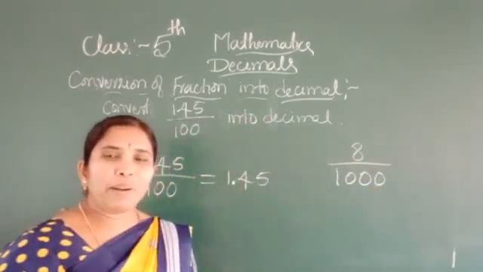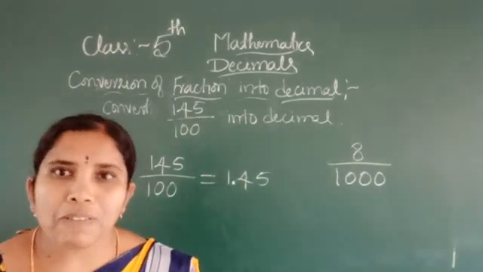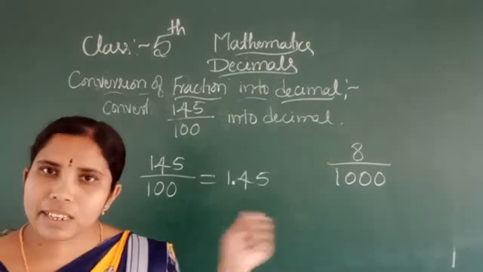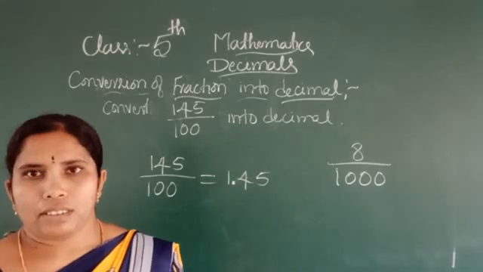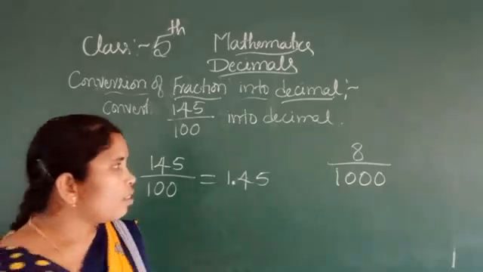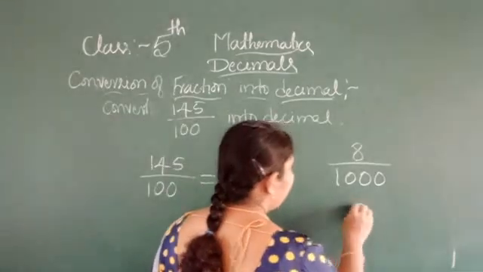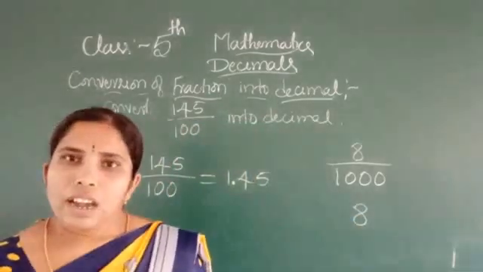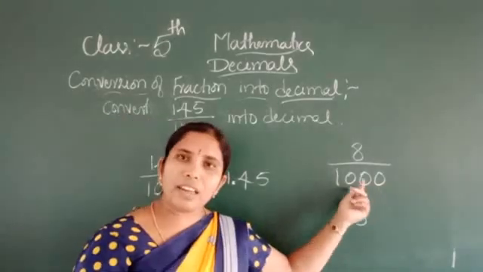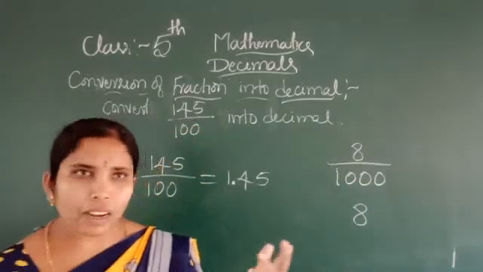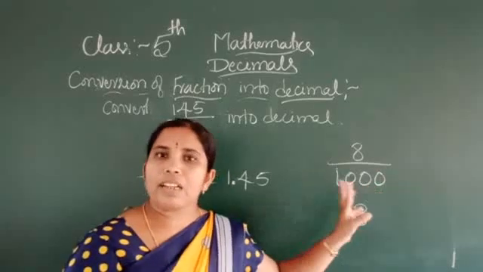Convert 8 by 1000 into decimal form. See, observe this example. So write the numerator first. Then count how many zeros are there in the denominator. 1 after, there are 3 zeros.